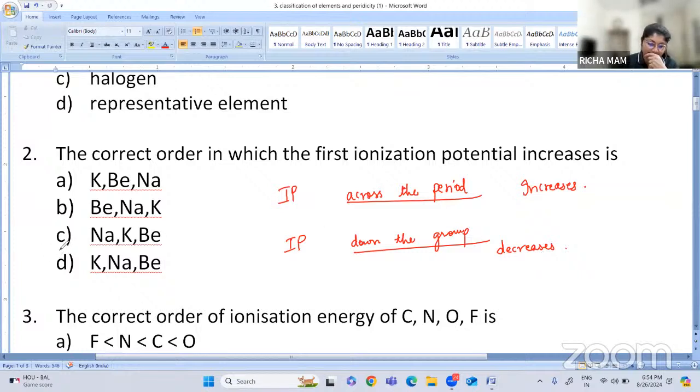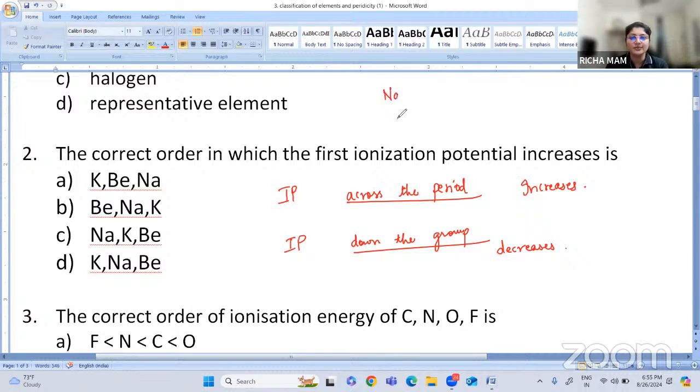Now, when we see the placement, how are these elements arranged? Yes, try to answer. Very simple question. If you have a periodic table, please open it and see the placement of these elements.